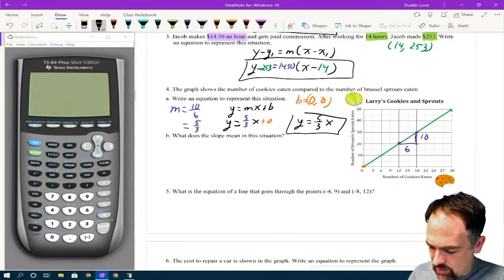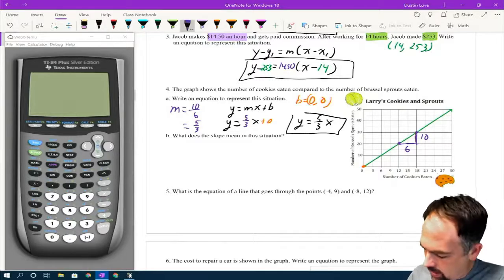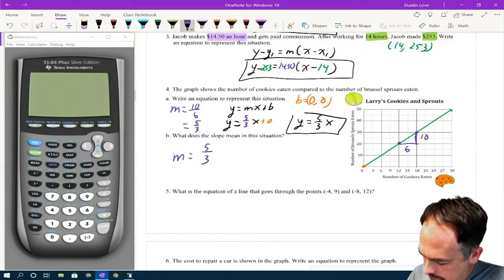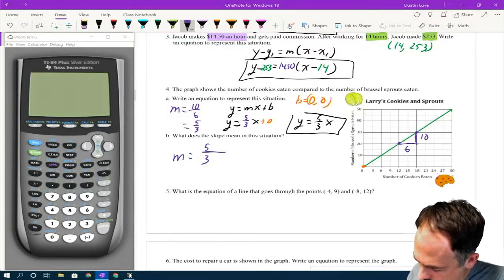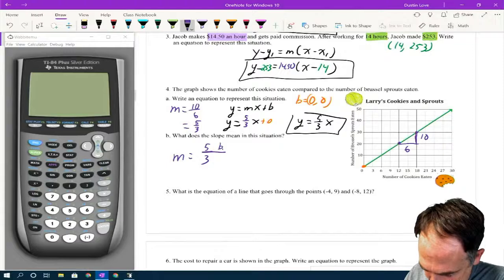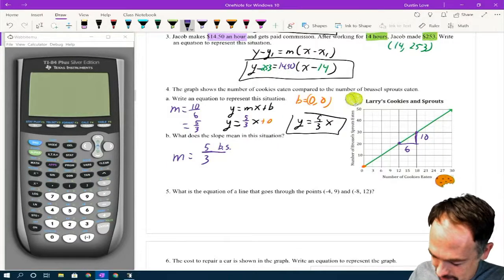Okay, what does the slope mean in this situation? So it looks like my slope here is 5 over 3. And now let's go and put labels on these. So the rise is Brussels sprouts. I'm going to use BS. It's BS. I like that. Okay. Like I said, Brussels sprouts are gross.